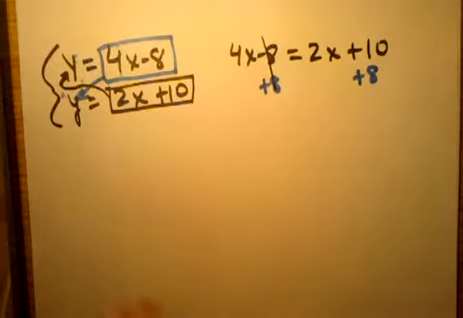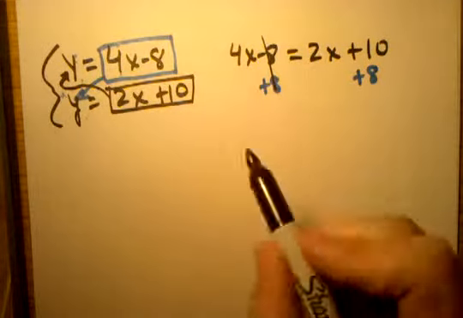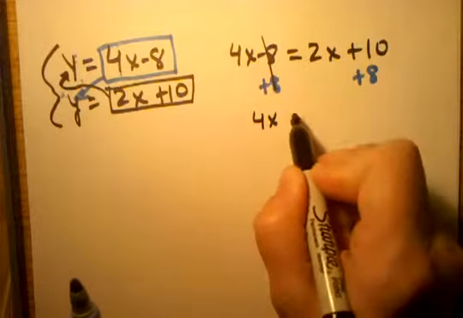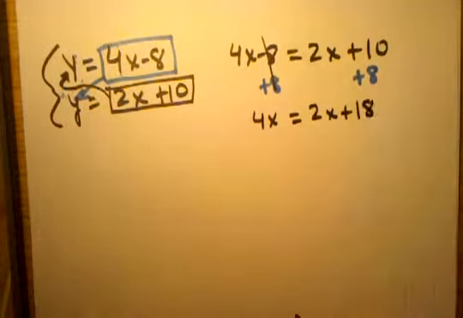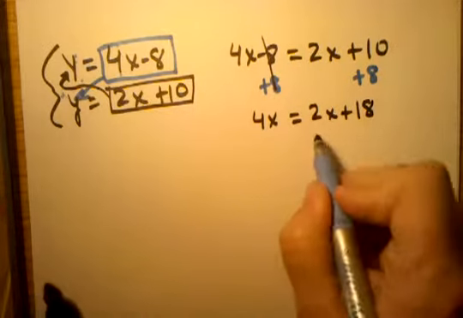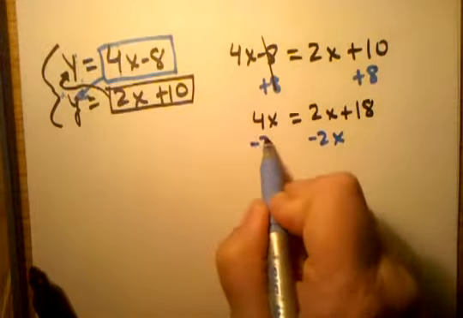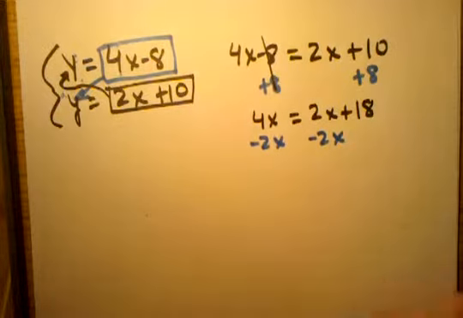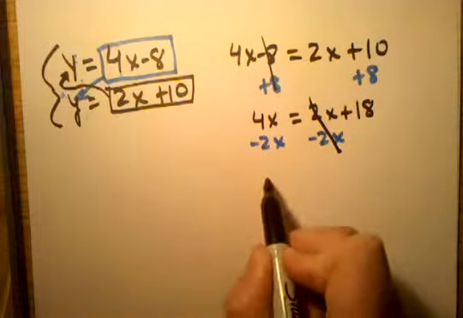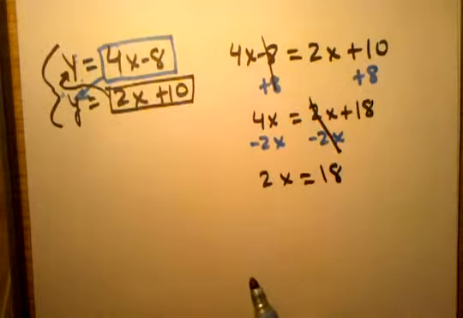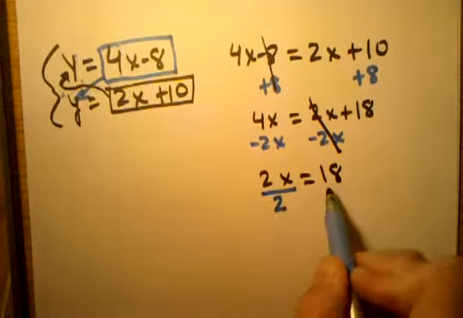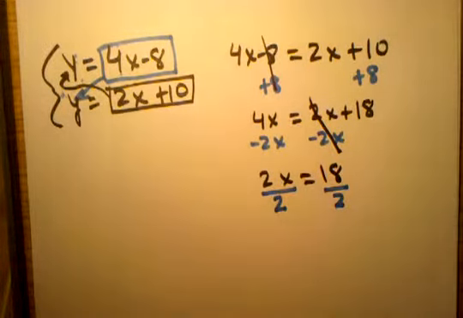So now I end up with 4x equals 2x plus 18. And now I'm going to subtract my 2x from both sides so I can join my like terms with the x's. That will end up canceling that one out. And I will now end up with 2x equals 18. And lastly, if I divide 2 on both sides, I will end up with x equals 9.